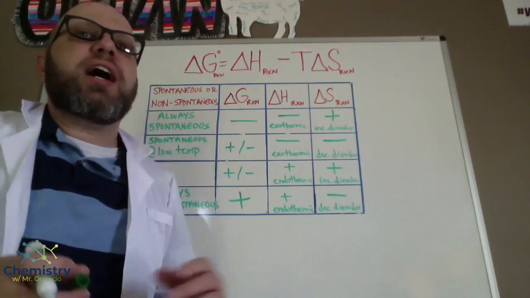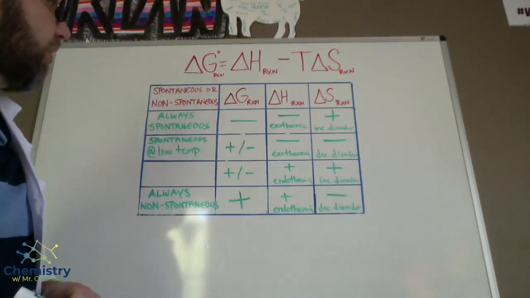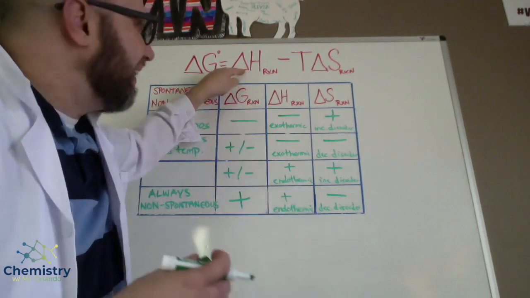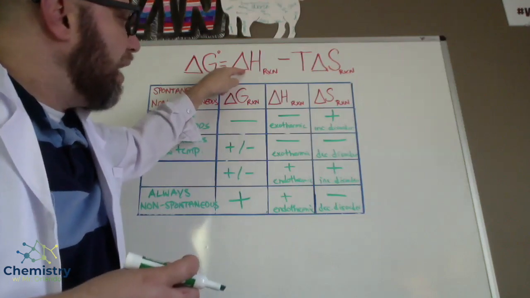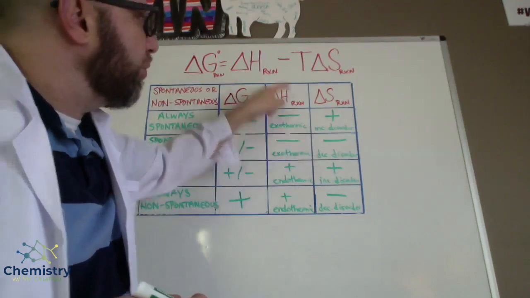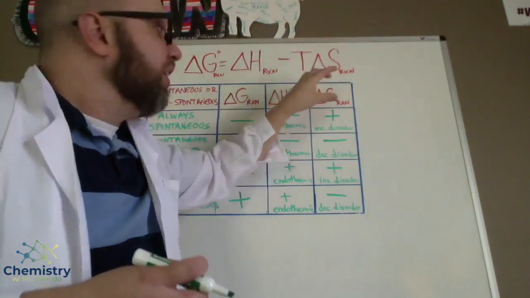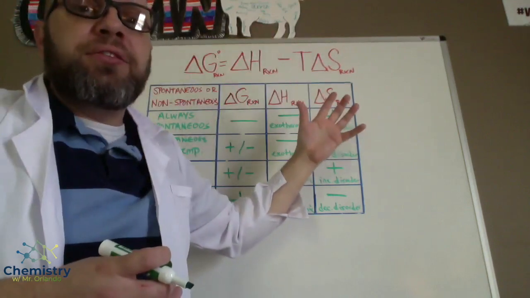And of course, low temperature, that's a relative term, right? Low temperature versus high temperature. And looking at our last scenario, here you have something that's endothermic, meaning you have to put heat in. So that's not a great factor if we want a reaction to occur. However, it is increasing in disorder. So this term overall ends up being negative. That's great. So as long as this term is bigger than this one, you'll get a spontaneous reaction.